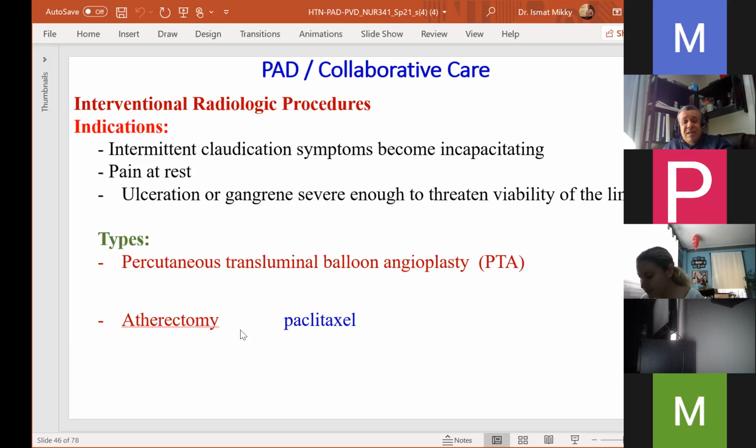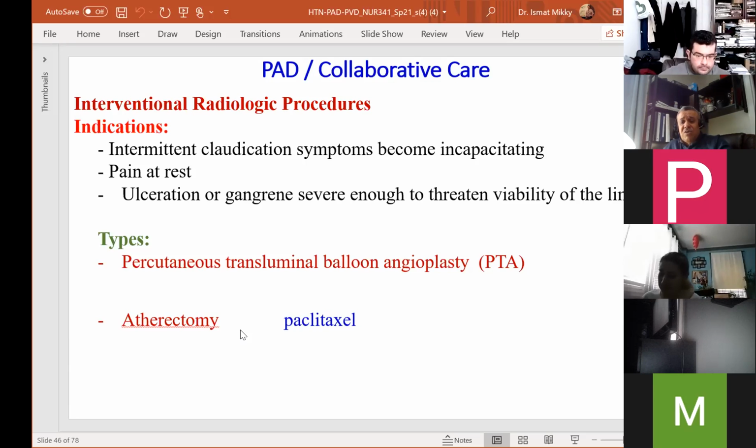So you will insert the stent, and the drug called paclitaxel is on the stent, which is going to emit and release this drug over time to limit the growth of new tissue in the treated area. Otherwise, tissue will grow on the stent, and that's going to result in occlusion again. So this drug limits the growth of new tissue in the treated area.